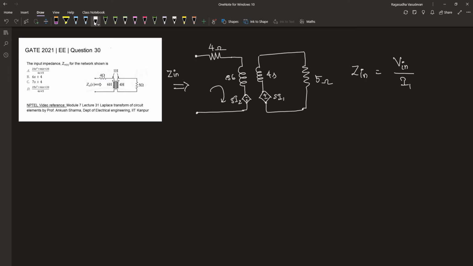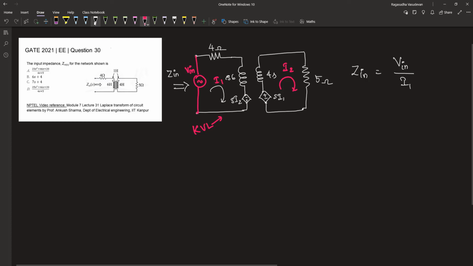So let us assume that a supply voltage of Vin is supplied across these two terminals. When we apply KVL to this loop, we will get this in terms of the current I1, and when we apply KVL to this loop, we will get this in terms of the current I2. So by substituting the value of I2 into this equation, we will get the value of the input voltage.